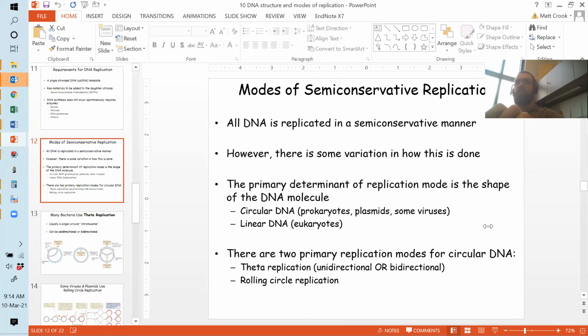So bacteria have circular chromosomes, or actually have one circular chromosome, can't spell today. And they have things called plasmids, which are basically small circular chromosomes.